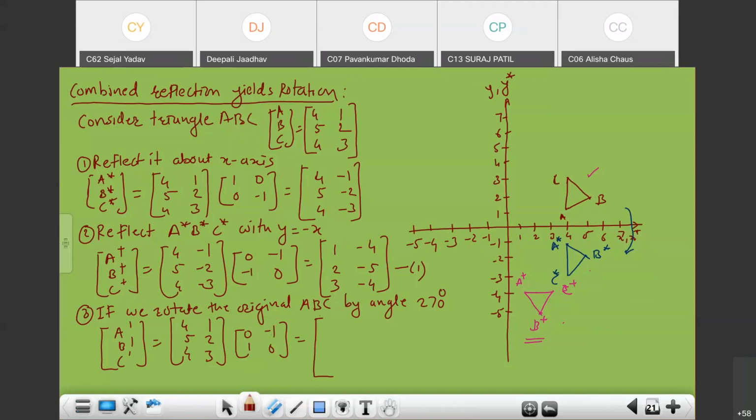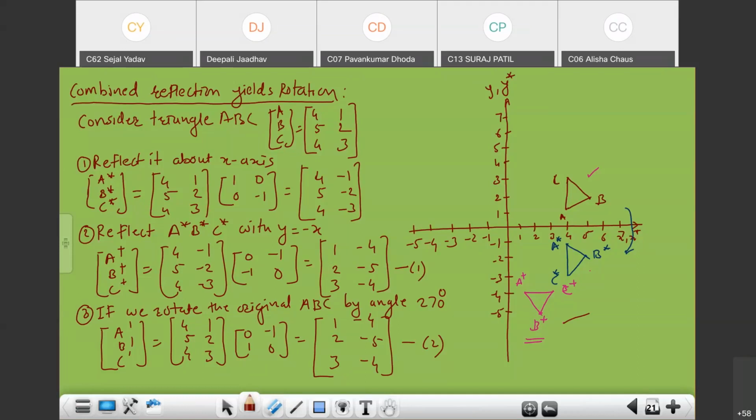After multiplication the result is, okay. So that is the result, means the same. This same triangle is generated here. So from equation 1 and 2, what we observe is that both are the same. Means 2 consecutive reflections may result in 1 rotation. This is one of the examples.